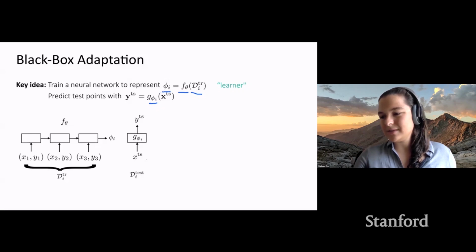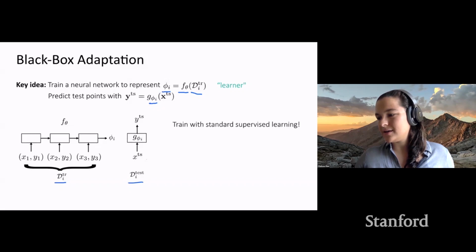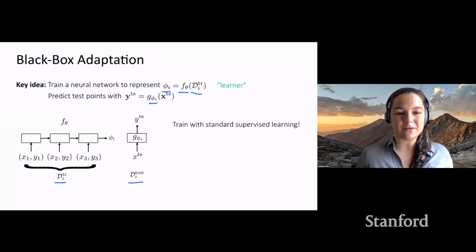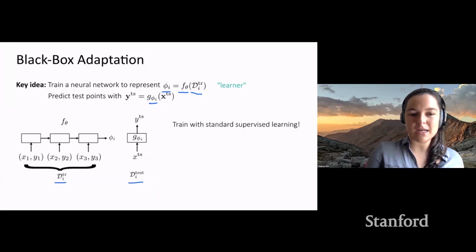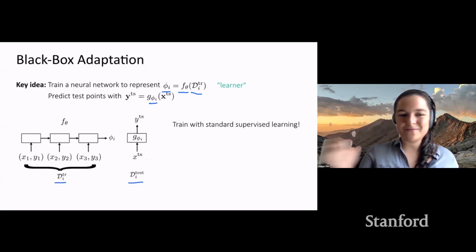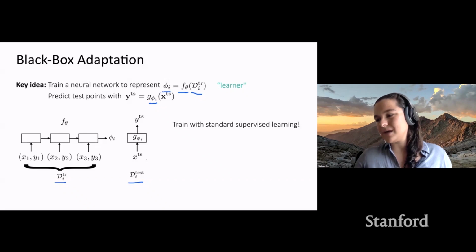So in this case, here is dtrain, here is the data point in dtest, and we can train this with standard supervised learning. We can take our meta-training data set and feed the data into this neural network, have it produce a set of parameters, and train it such that with those parameters, it makes accurate predictions.